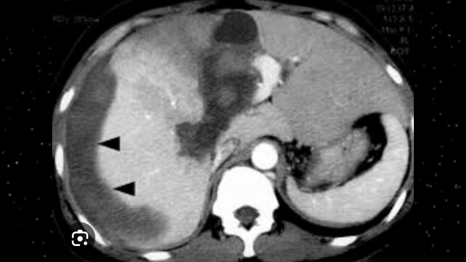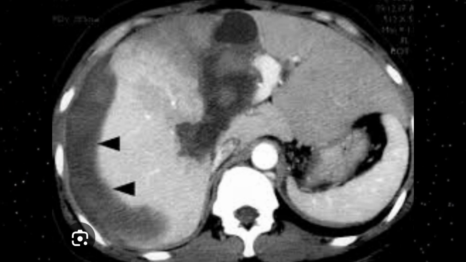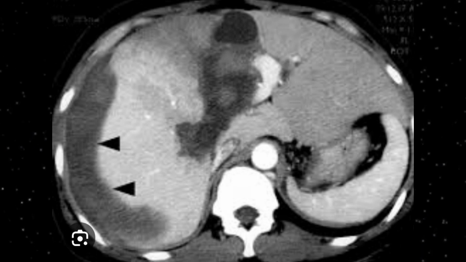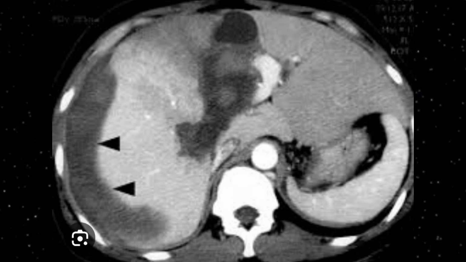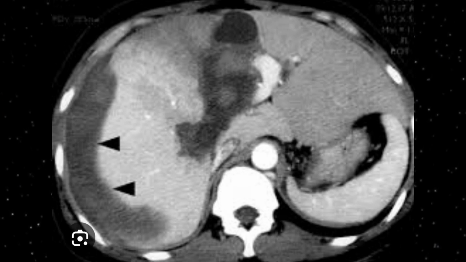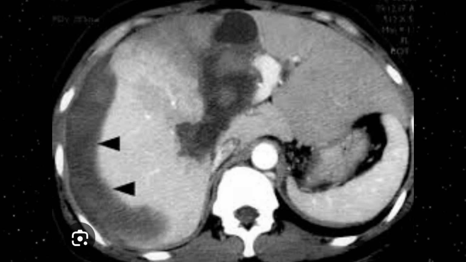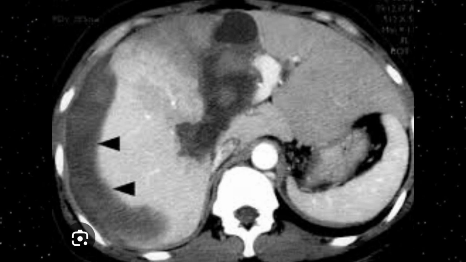Another CT axial image, a classic example of pericapsular and subcapsular hematoma. You can see the right border of the liver is showing a hypodense area, indicated by the heads of the black arrows. This is called a subcapsular or pericapsular hematoma.